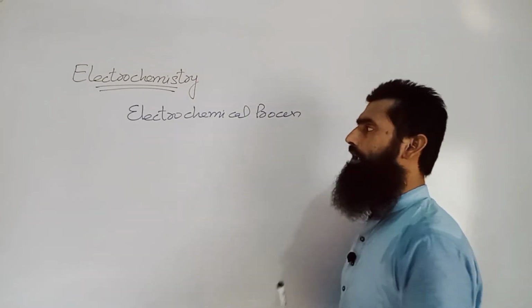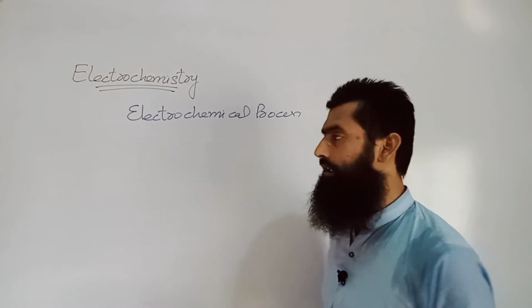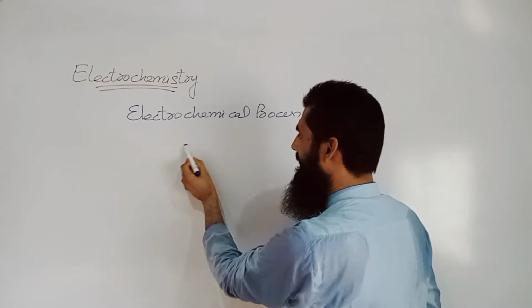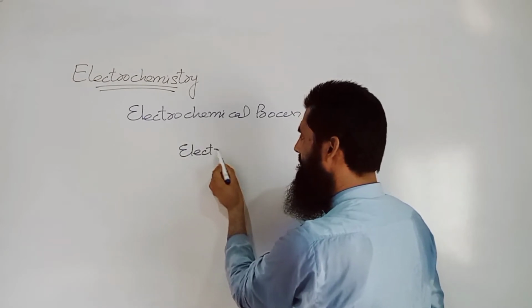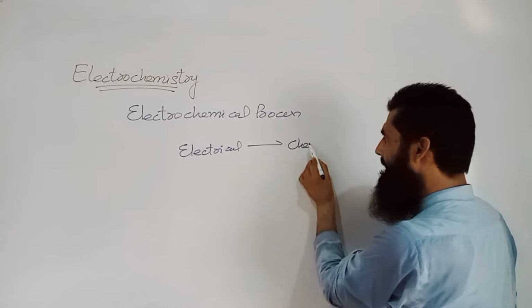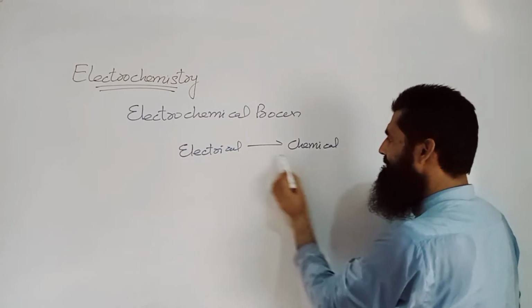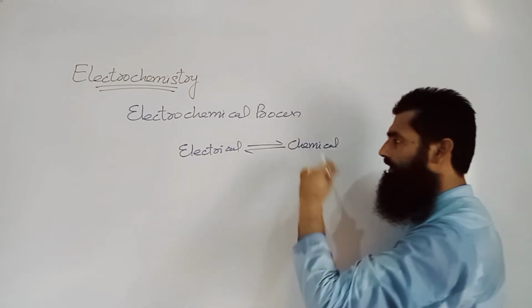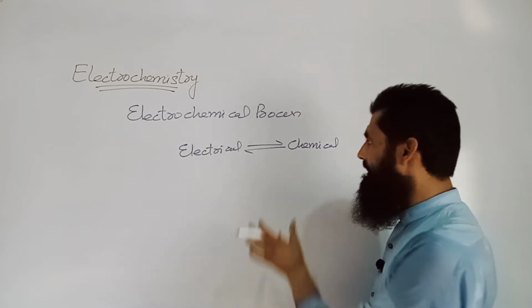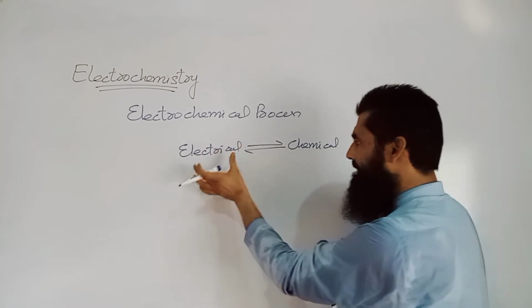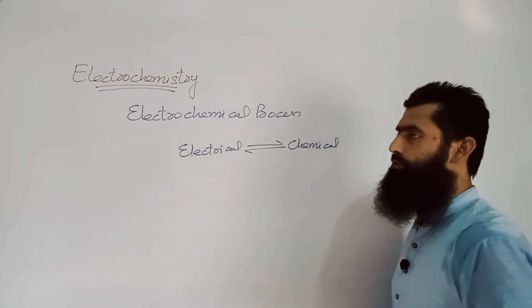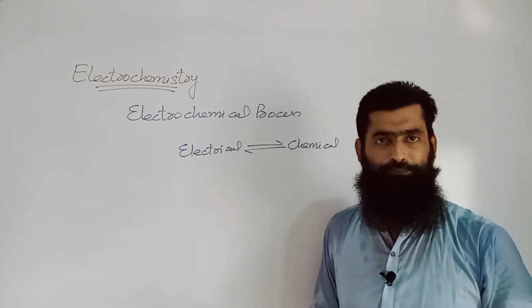By the electrochemical process, we mean the interconversion of electrical and chemical energy. Electrical energy converts into chemical energy, whereas chemical energy converts back to electrical energy. This interconversion of electrical and chemical energy is known as the electrochemical process.